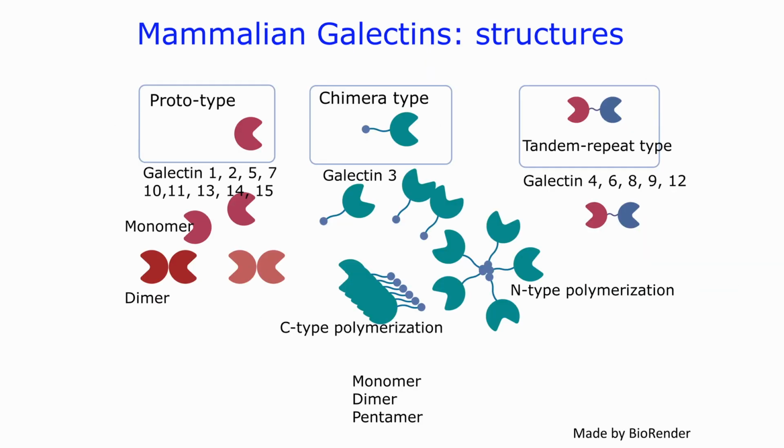In terms of structure, there are three groups. The prototype galectins we can see as monomers and dimers, but galectin 3, which is the chimera type, we can see as monomer, dimer, pentamer, with N-type and C-type polymerization. And a few galectins, such as galectin 4, 6, 8, 9, and 12, have a tandem repeat, so these CRDs are joined with a peptide linker.